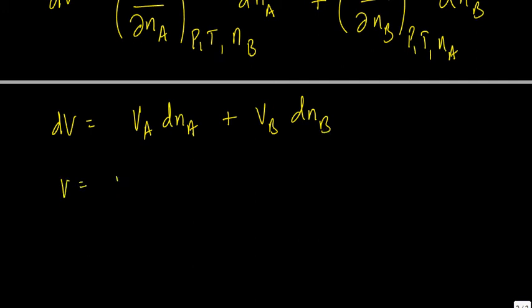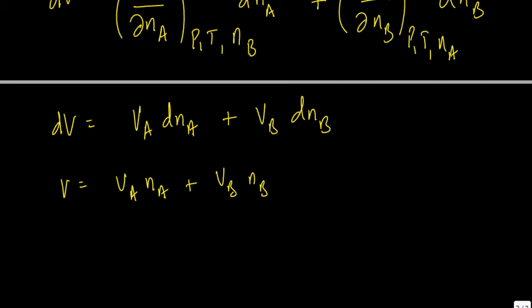So I would get VA times NA plus VB times NB. Remember, these are partial molar volumes. All the subscripted volumes over here are partial molar volumes. So this concept is easy, clear?